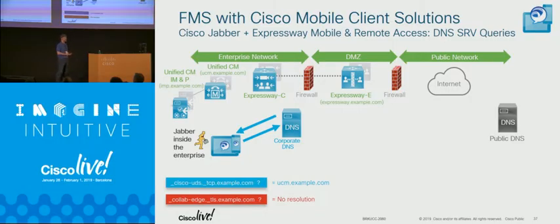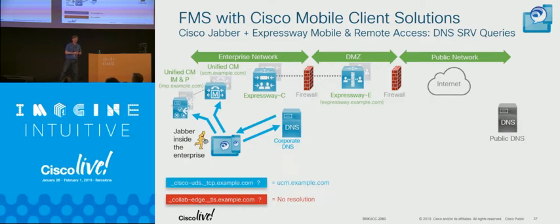I'm going to find my Communication Manager and be able to connect directly to it. What I shouldn't get resolution for is the collab edge or the Expressway, because I'm inside the enterprise and there's no reason to use Expressway. So in the corporate DNS, I have my UDS SRV record, but I don't have a collab edge record. In that case, the Jabber client is going to connect directly to those collaboration applications.